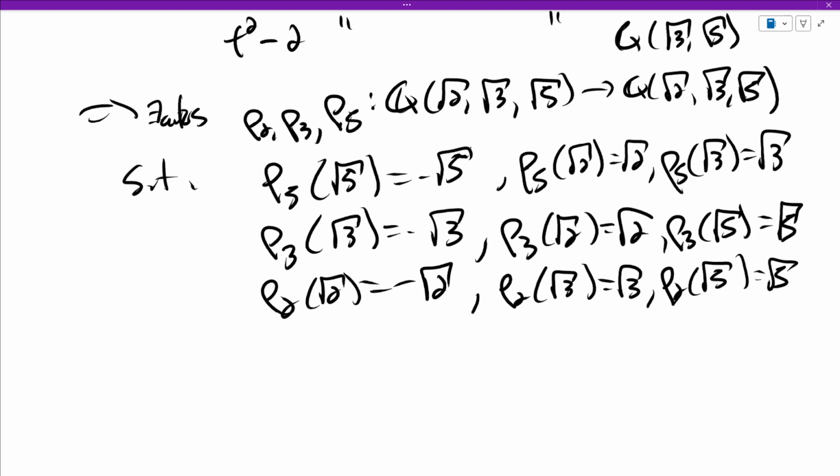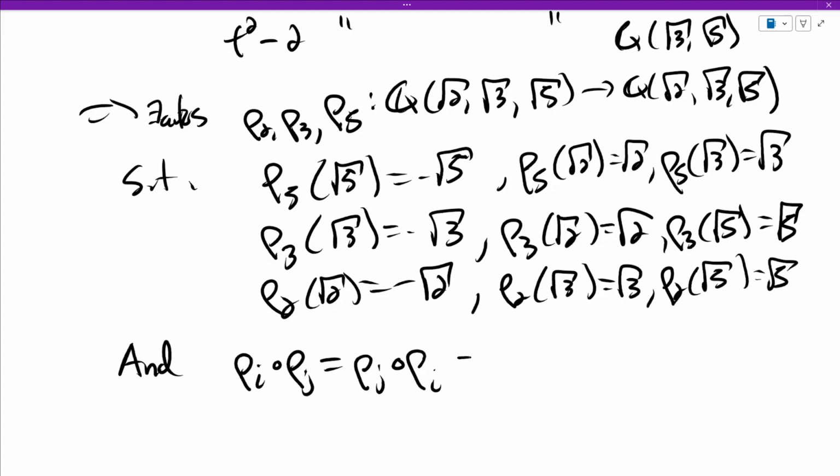And it turns out, when you compose them, what's going to happen? Well, if I negate root 5 and then I negate root 3, when I first negate root 5, I fix root 3, and then when I negate root 3, I fix root 5, that's going to be the same as first doing rho 3 and then doing rho 5.